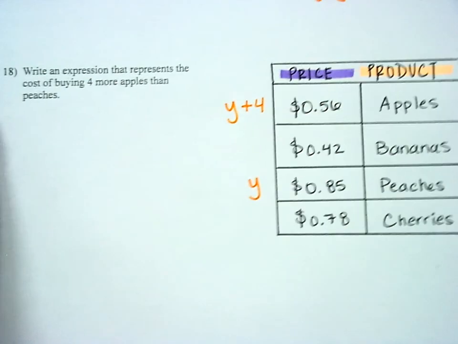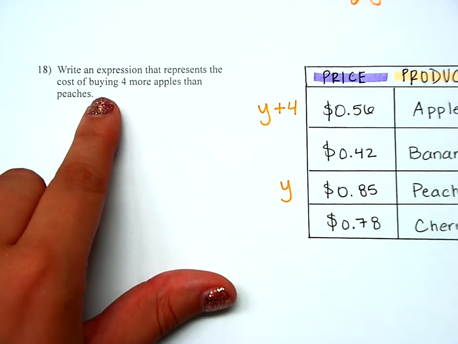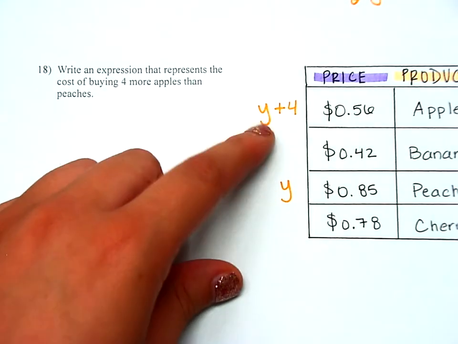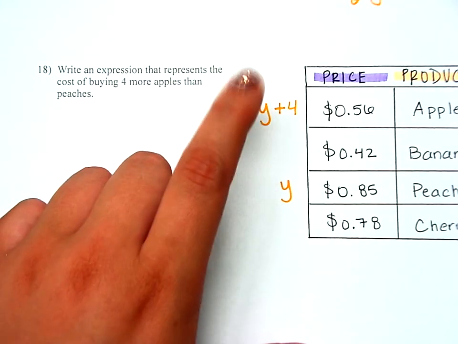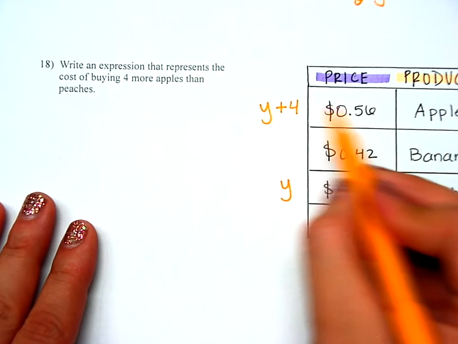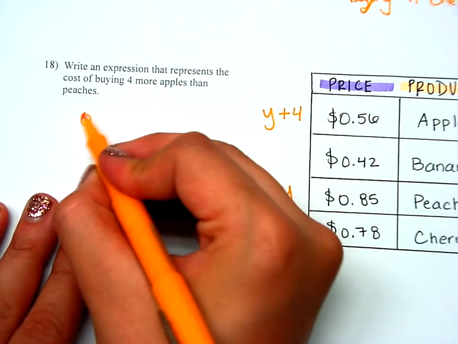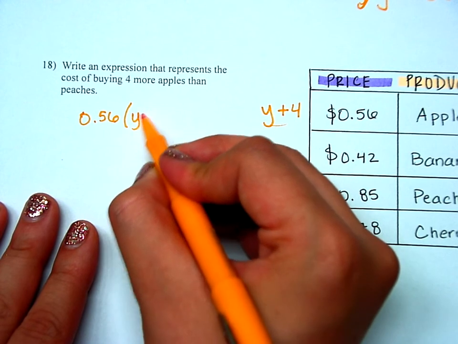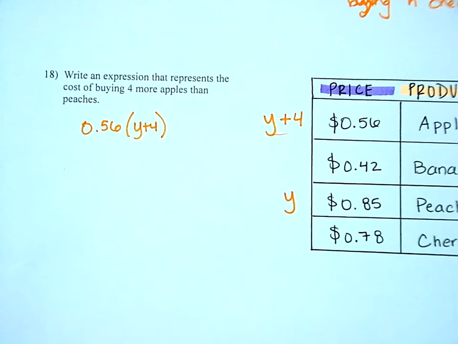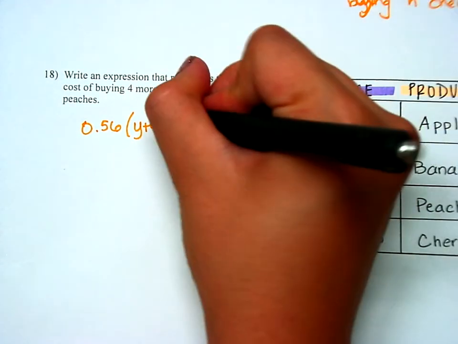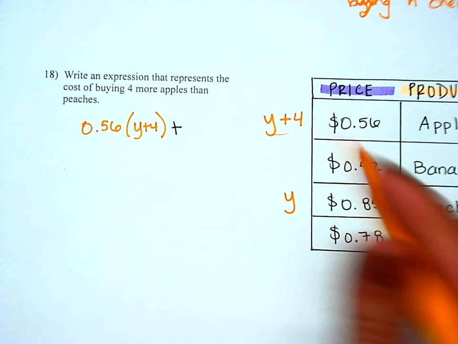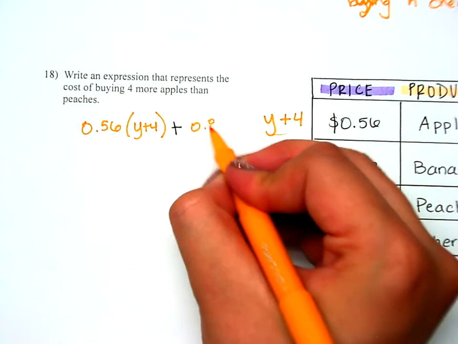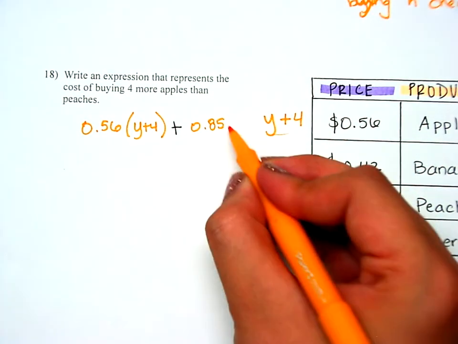All right, so we need to write an expression that represents the cost of buying these two amounts. So y plus 4 apples, we're going to multiply it by the cost. So 0.56 times how many we buy. And then we're going to add the cost of peaches times how many we buy.